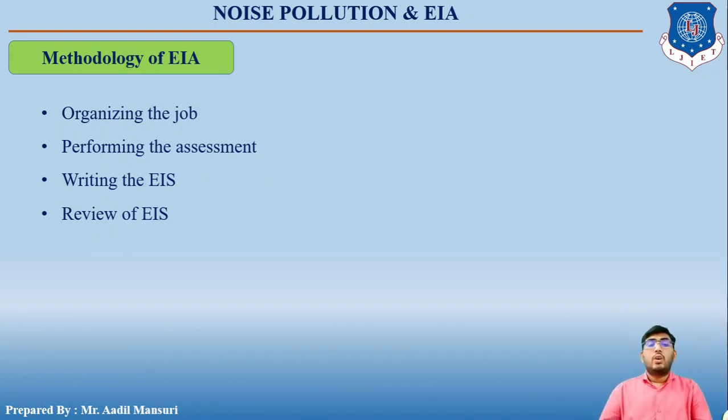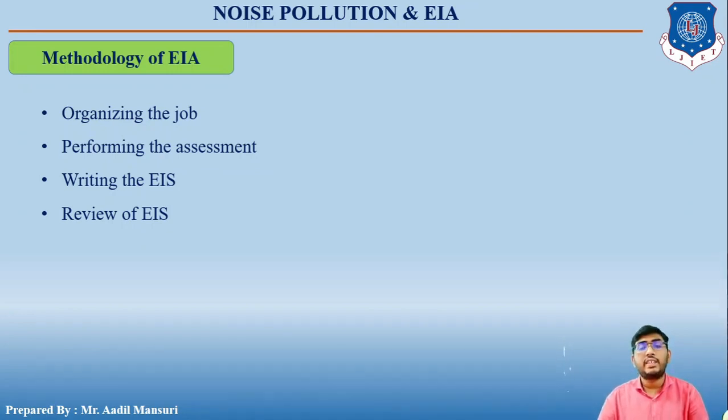Talking about organizing the job, an interdisciplinary team is constituted to conduct the analysis of the impact on the environment, and consists of a group of geologists, agronomists, chemists, ecologists, hydrologists, engineers, etc. They decide whether the project is required or not. Then for performing the assessment, we have to go for a site visit, identify and do the evaluation, then discussion of the alternatives, preparation of a checklist and measurement of the environmental impact due to the project.